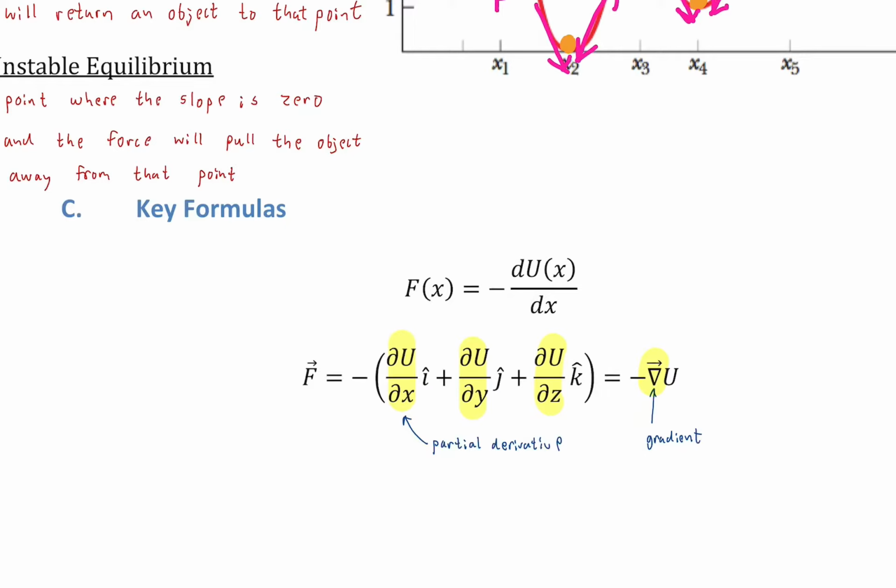The reason it's partial derivative is when we have the 3-dimensional case, potential energy is a function of 3 variables, x, y, and z. It is a 3-dimensional function. And since we're just taking the derivative of this 3-dimensional function with respect to one of its dimensions, it's a partial derivative, because it's only one of the 3.